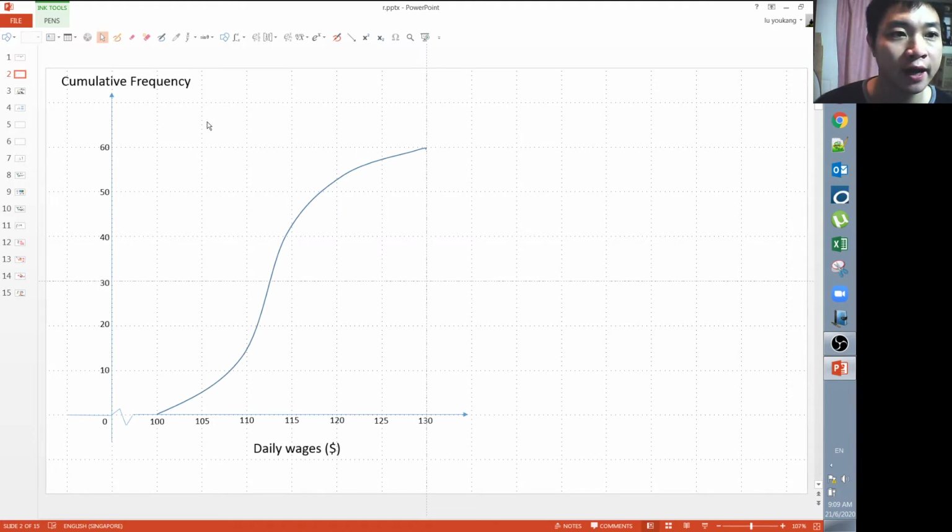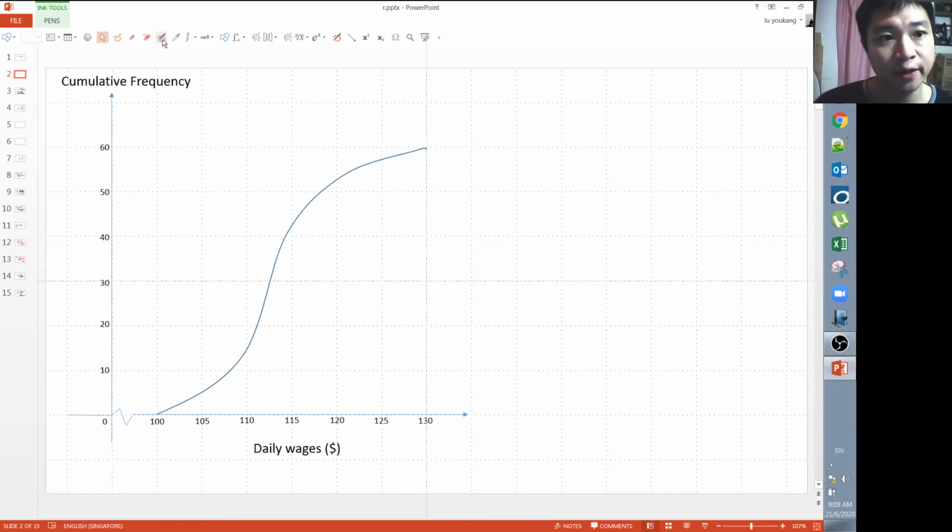Over here I have a cumulative frequency diagram drawn already. The horizontal axis represents the daily wages in terms of dollars, and the vertical axis is the cumulative frequency number.